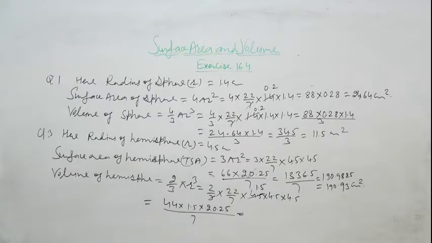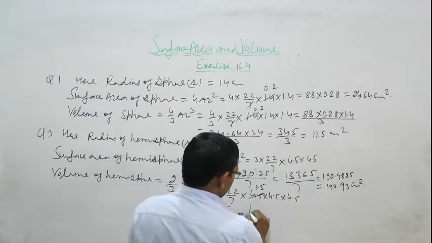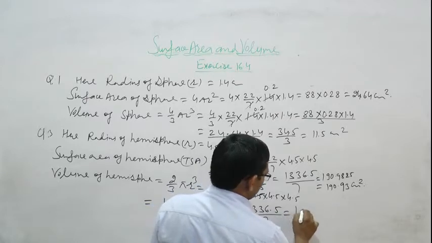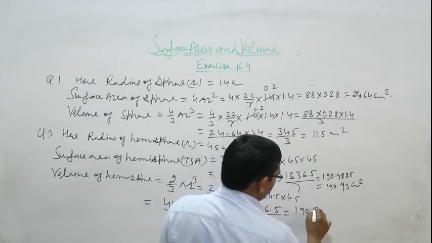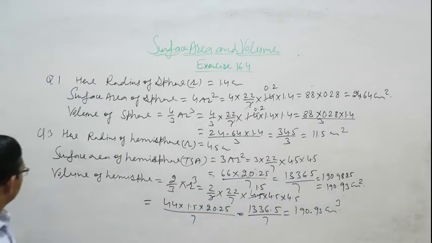Then 44 multiplied by 20.25, after multiplication we get, again, 1336.5 divided by 7. So this is also 190.93 centimeter cube.